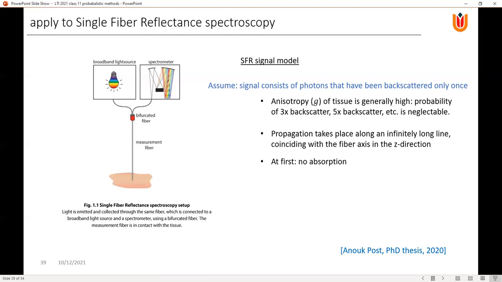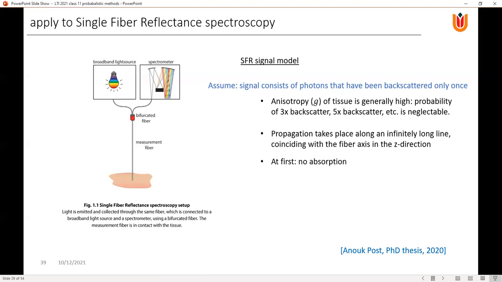So the goal of this very long introduction was to see if we can get a simpler model for the light detection probability, let's say for this geometry, for this single finite geometry.